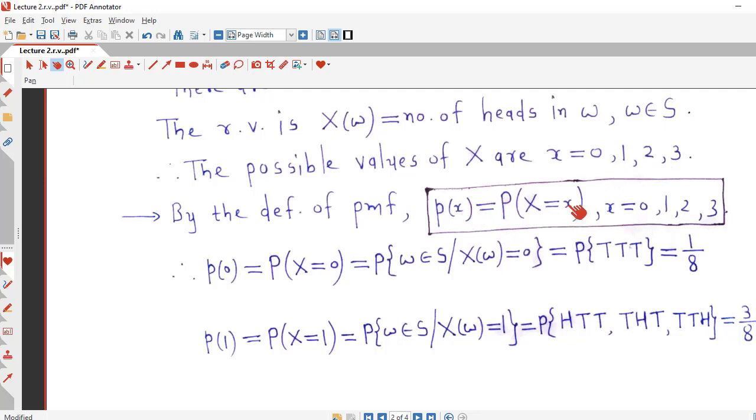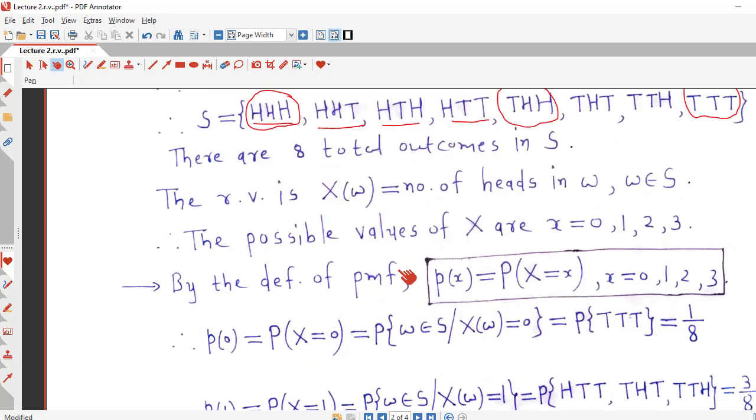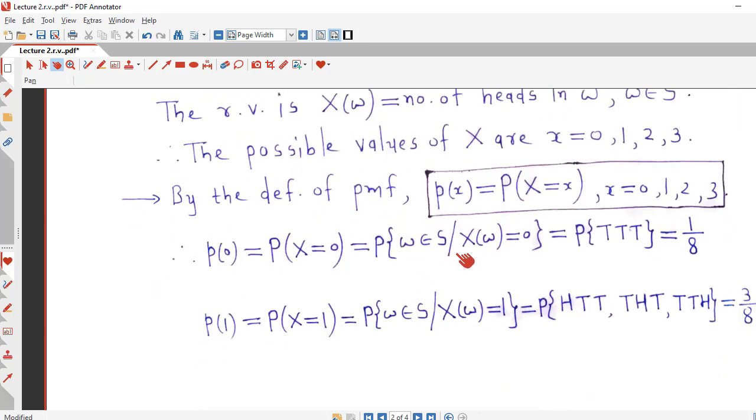So first we take x equal to 0. Now capital X equal to 0 is the event. Which event? We have to find those outcomes in the sample space whose image is 0. Now X of omega means the number of heads. So this means that the number of heads is 0, that is, there is no head in the outcome.